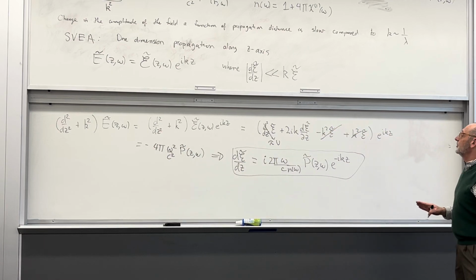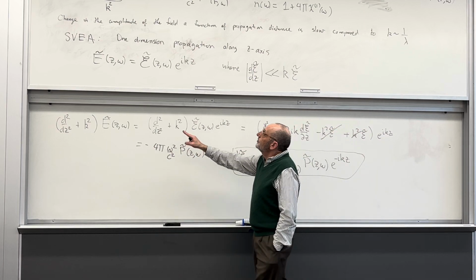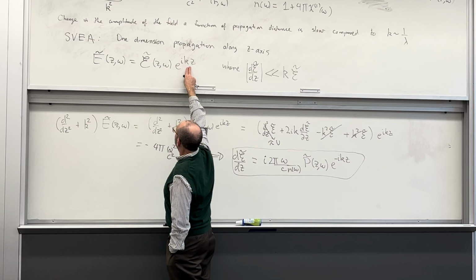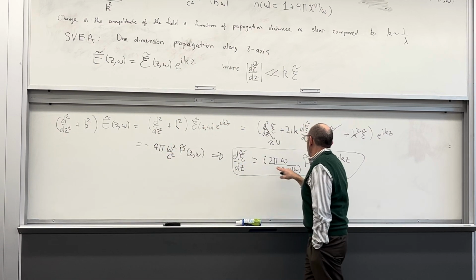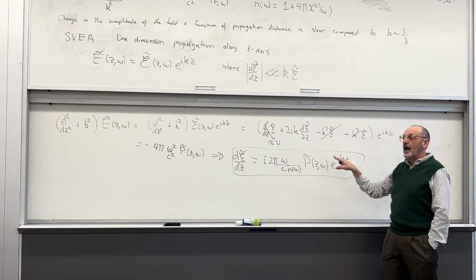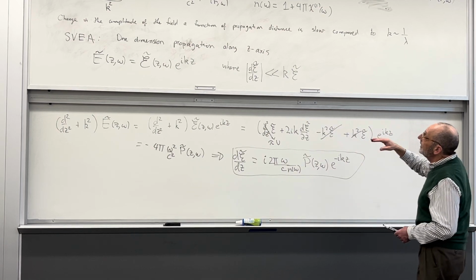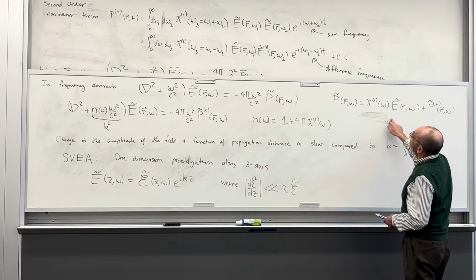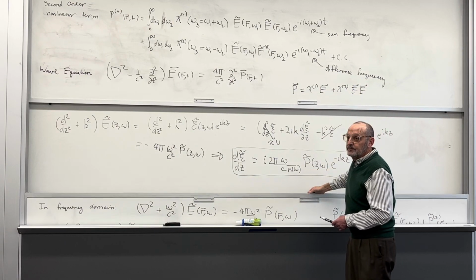So this tells me how the amplitude associated with this field at this frequency, which is propagating along this direction, is generated by the oscillating polarization at that frequency. Now, the polarization that's oscillating at that frequency is this, which is given here.